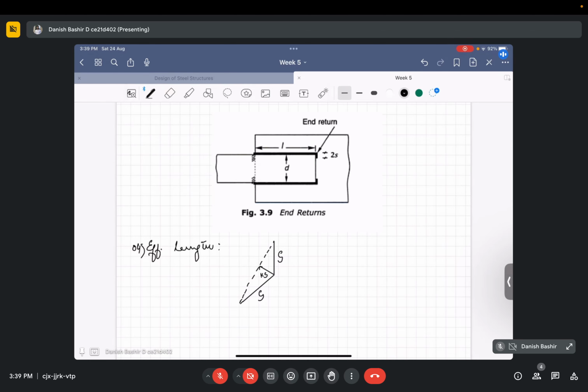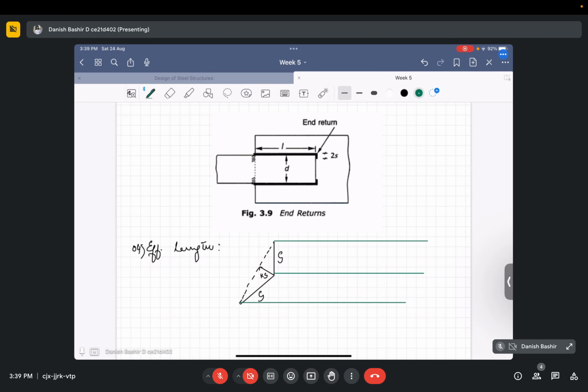So if this is continuing along this length, the throat thickness, the effective throat thickness as well as the size of the weld continue up to some distance like this, and there we have these things again.